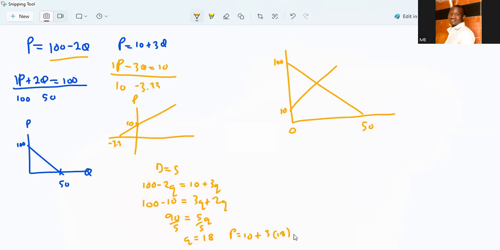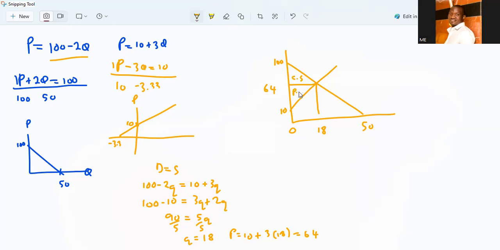Even if you had to use the other equation, you still get 64. That is what it means by equilibrium. So at equilibrium, we're going to have this equilibrium price, 64. Equilibrium quantity is 18. And you have the two graphs. Consumer surplus is here, and the producer surplus is here.